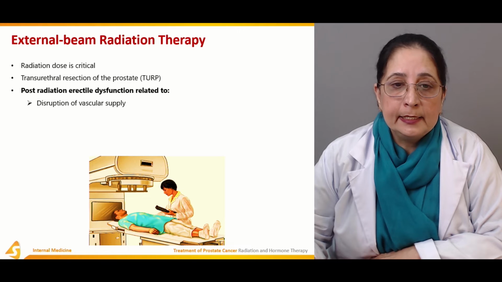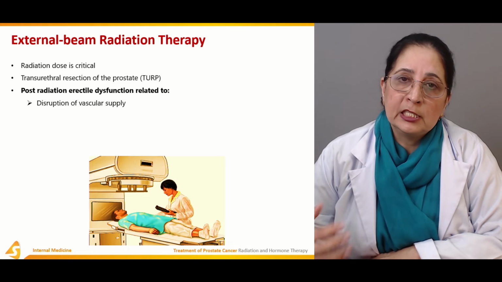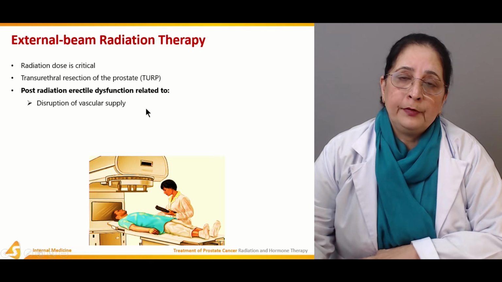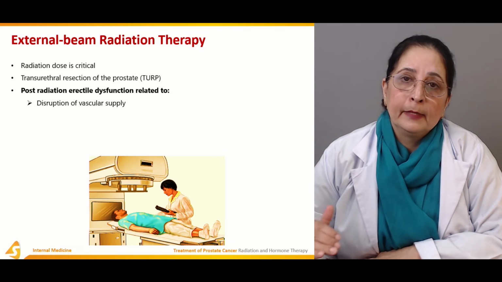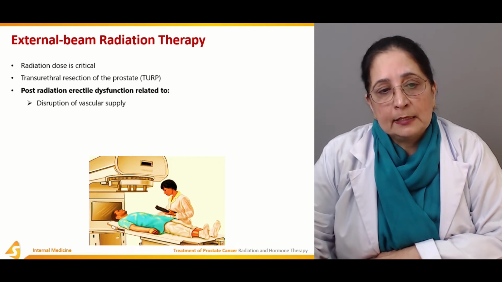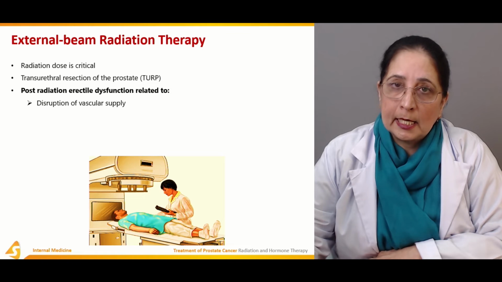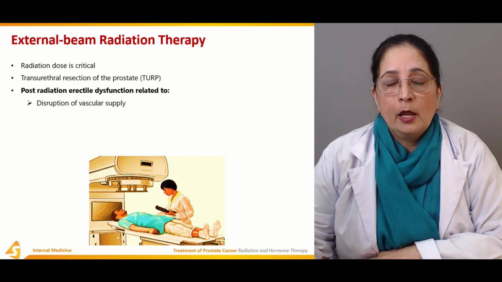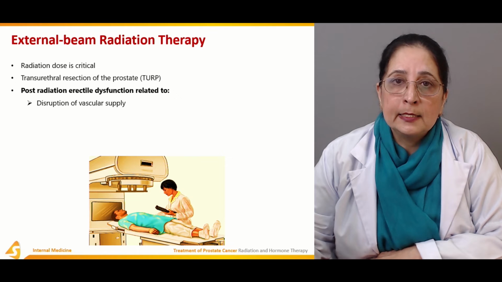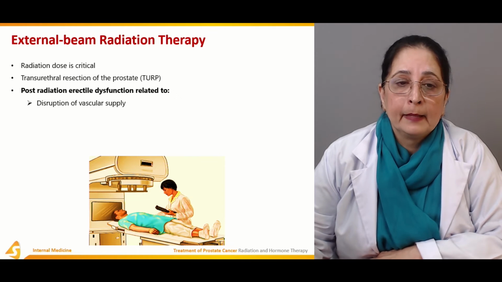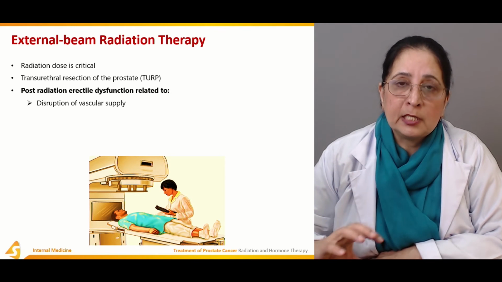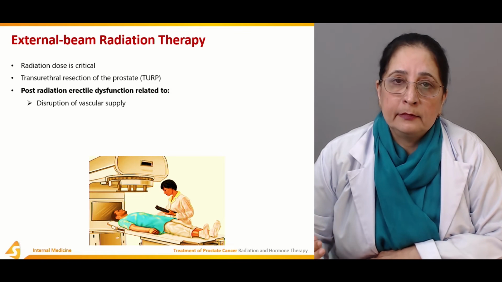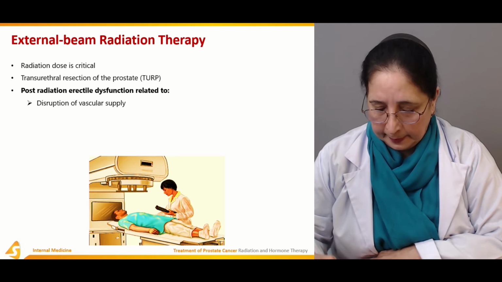Post-radiation erectile dysfunction is related to disruption of the vascular supply. So after the radiation therapy, there can be complications like erectile dysfunction, and this erectile dysfunction is due to the disruption of blood supply, vascular supply, and then the adjustment of the dosage is important, it's a very critical dose adjustment.